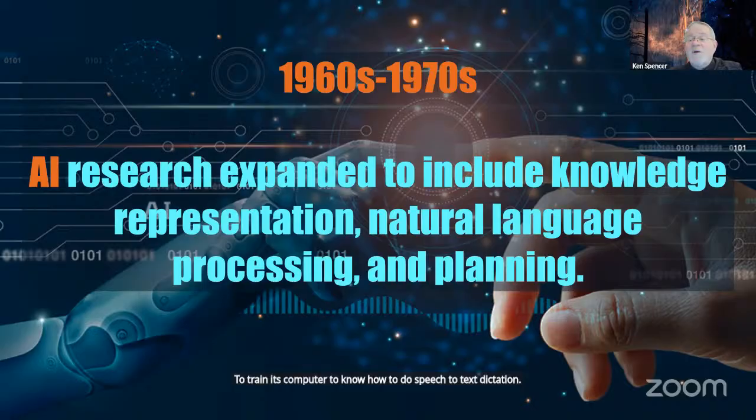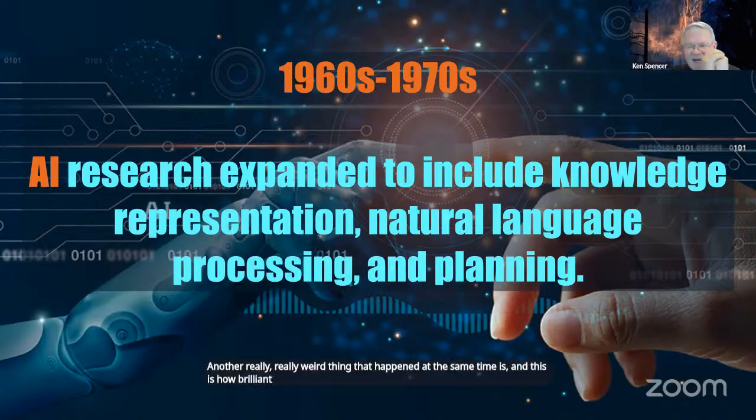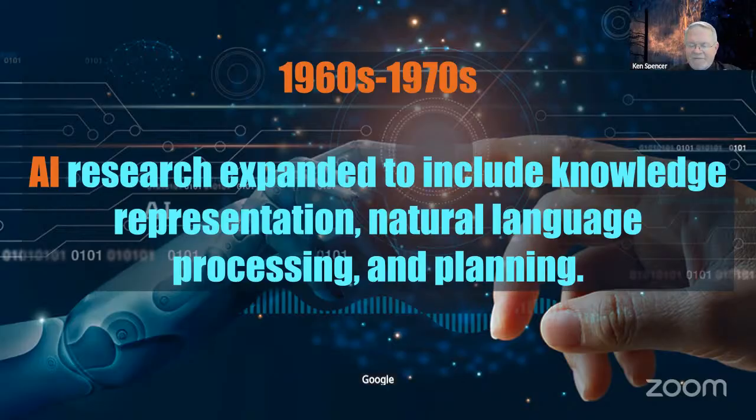Another really, really weird thing that happened at the same time, and this is how brilliant Google was back in the day, is that Google was physically scanning all the old books and anything that was out of copyright.